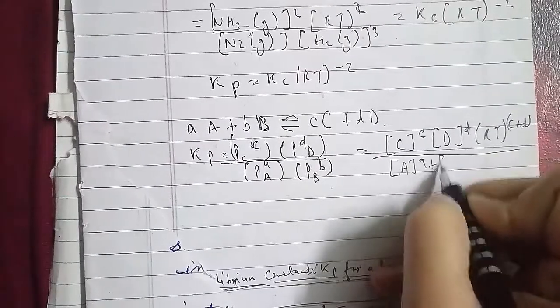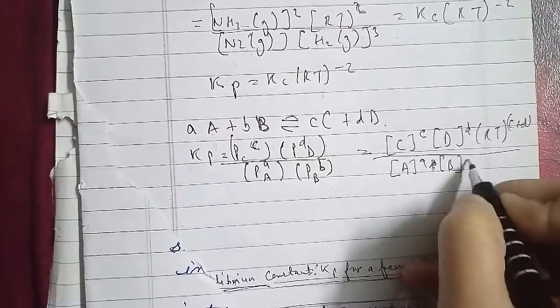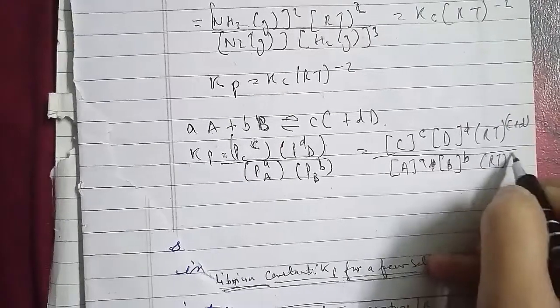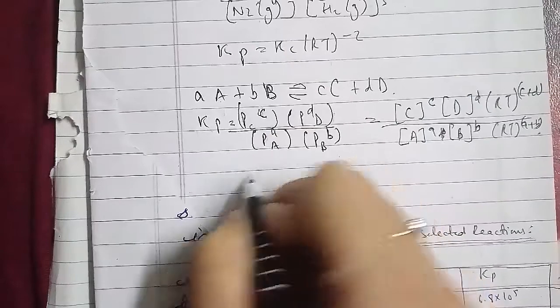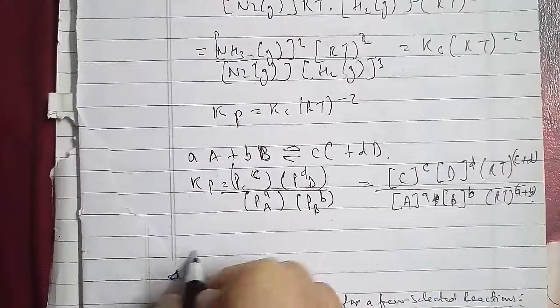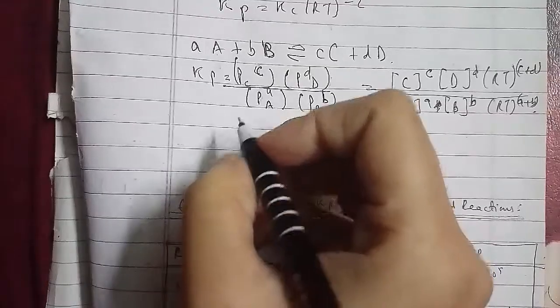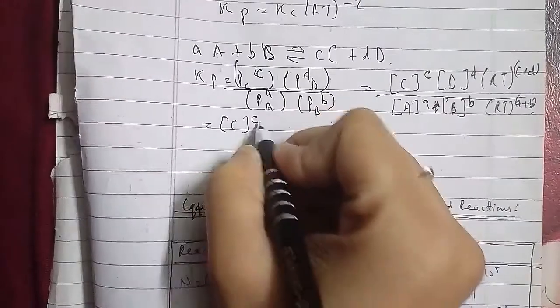So this is the formula, this is the presentation that we will be doing here, and with regard to that we'll go ahead. So here we will find C of small c, D of small d upon A of capital A small a, capital B small b here, and that is multiplied by RT.